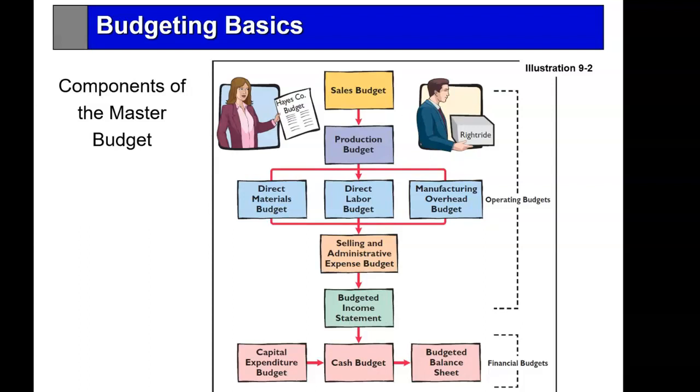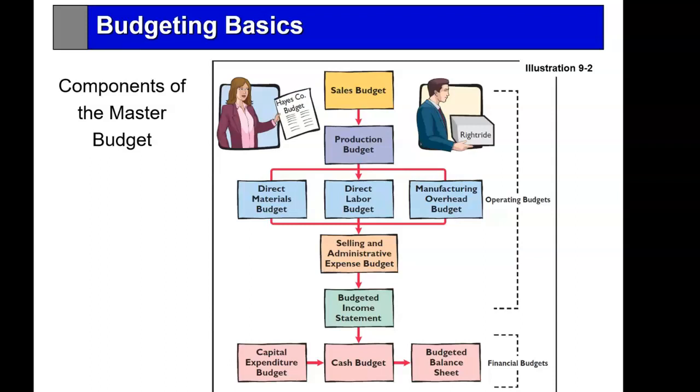Here's my budgeted sales. Keep in mind when I say budget, I'm talking about the future. A budgeted revenue is future revenue. A budgeted cost is future costs. So a budgeted income statement is not an actual income statement. It's an estimated income statement for the end of next year. And that's all called the operating budget.